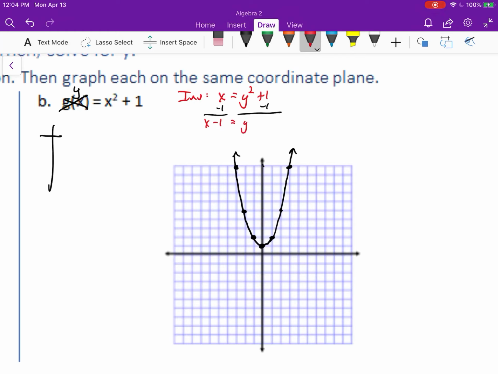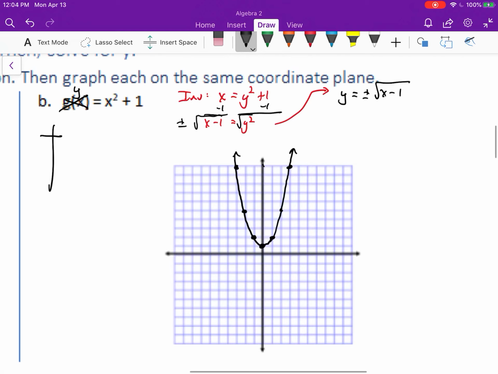That gives us x minus 1 equals y squared, and we have to take the square root of both sides. When we take the square root, we have to put plus or minus. So we have y equals plus or minus the square root of x minus 1.